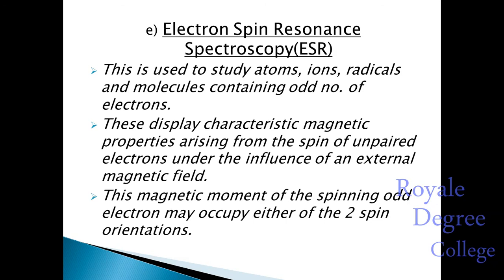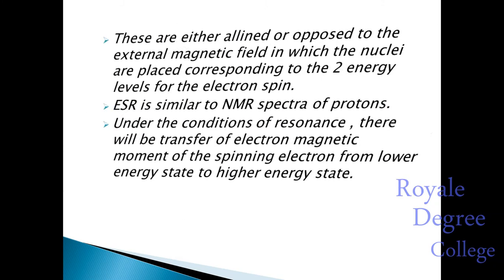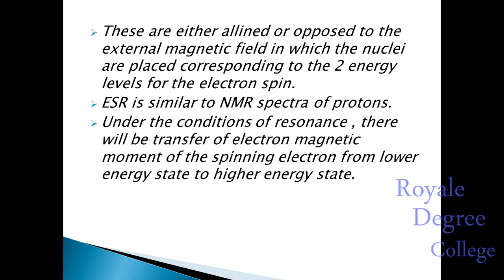The magnetic moment of the odd electron spin may occur in either of two spin orientations. These are either aligned or opposed to the external magnetic field, corresponding to the two energy levels for the electron spin.